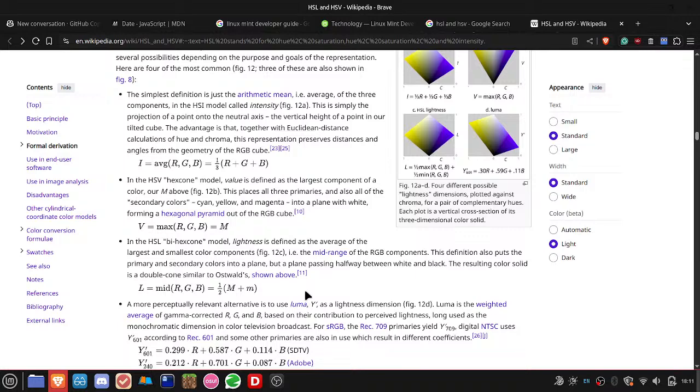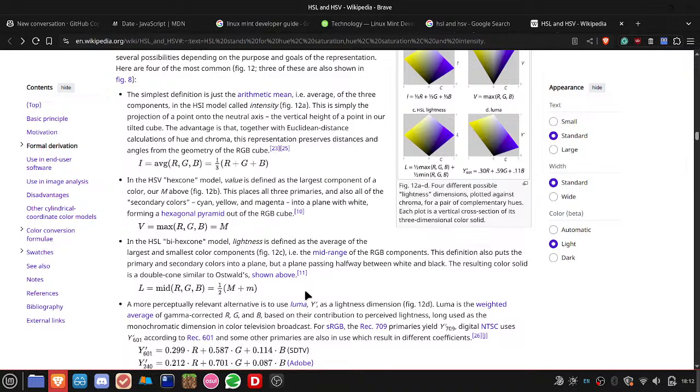The aim is to take all three primaries, also all the secondary colors, cyan, yellow, magenta, and together with white, forming a hexagonal pyramid out of the RGB cube. Okay, I see. In the HSV model, basically value is the largest component of a color. Value is the largest component.